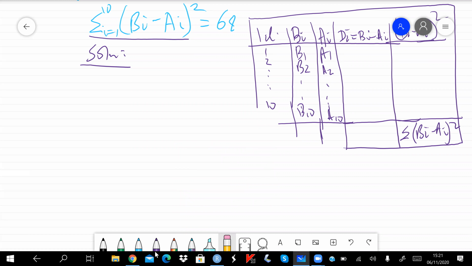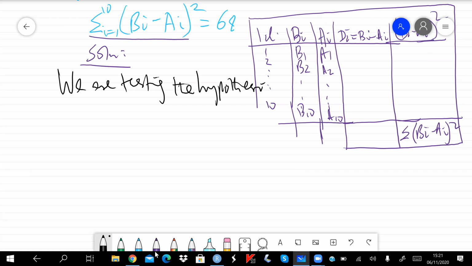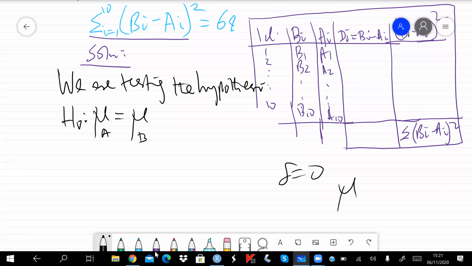We start by saying that we are testing the hypothesis H naught, that mu of the first population is equal to mu of the second population. That means our delta in this case is equal to 0, so the mean of the differences is equal to 0.